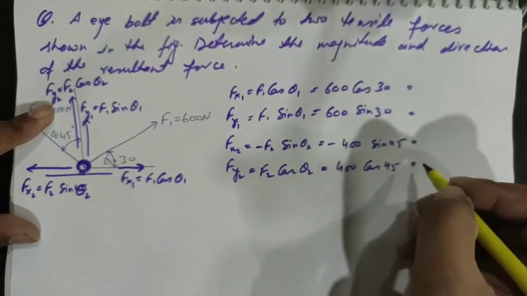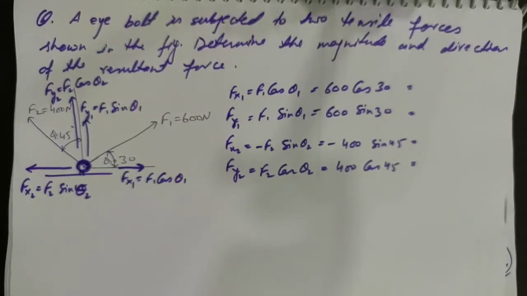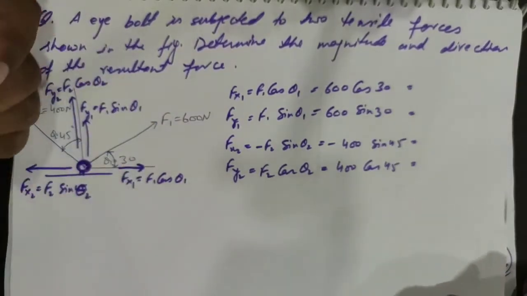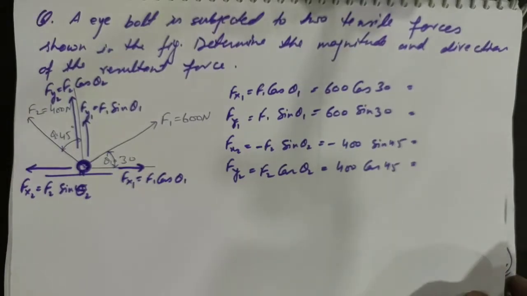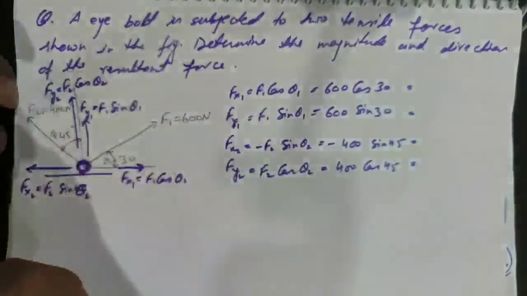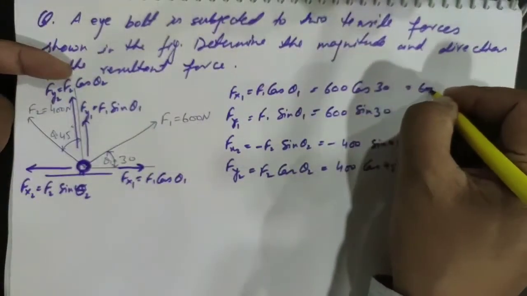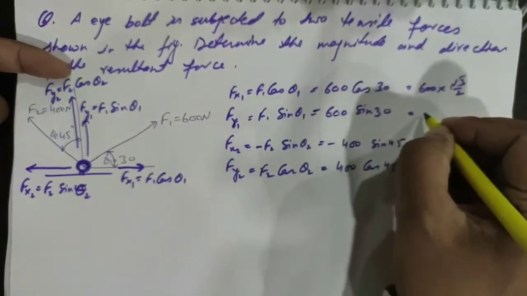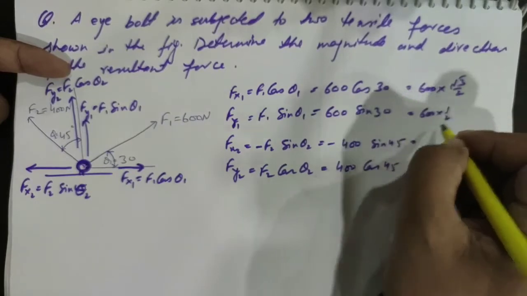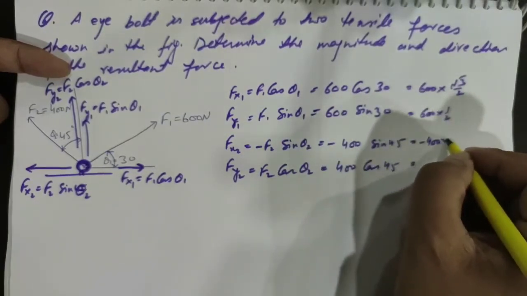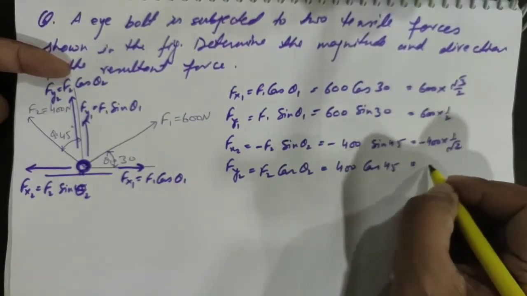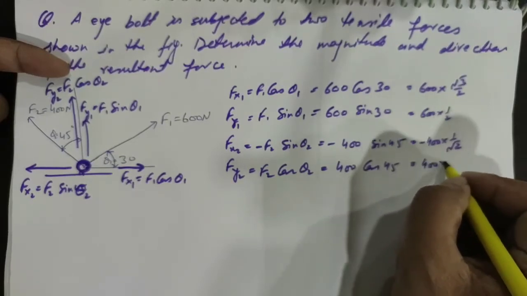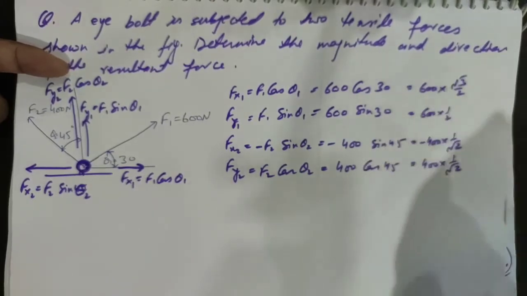We can get the values of those: 600 cos 30 is root 3 by 2, 600 times 1 by 2, minus 400 times 1 upon root 2.